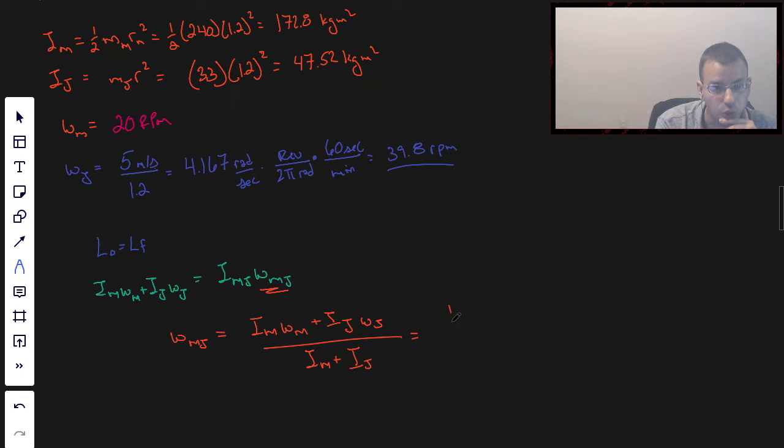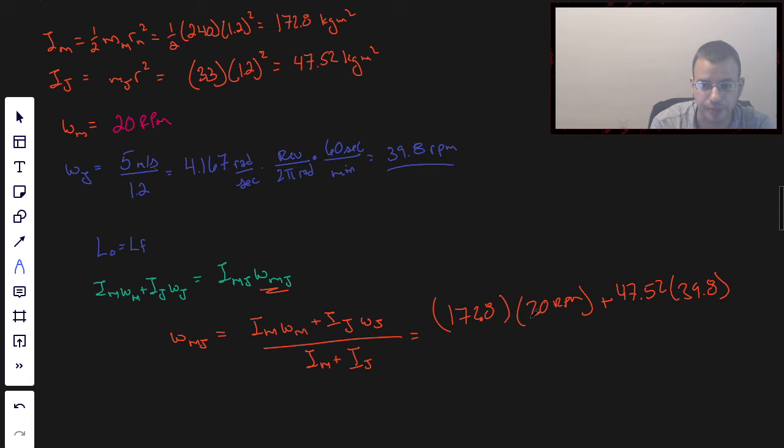So it's going to be 172.8 up here at the top, times, let's see, this was 20 RPMs, plus moment of inertia, John, which is 47.52 times 39.8.